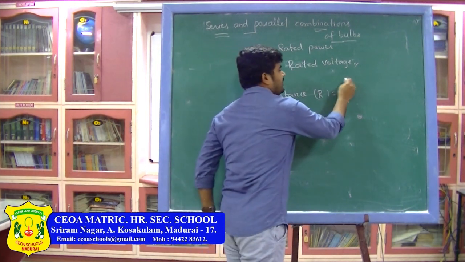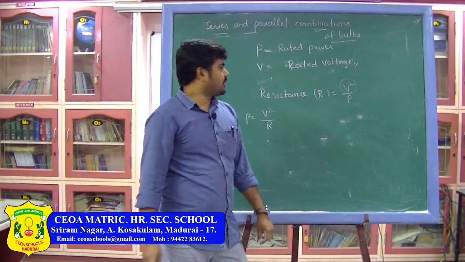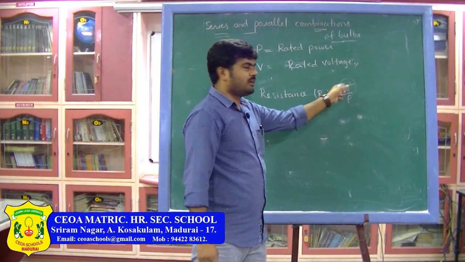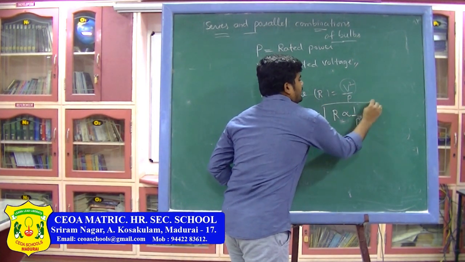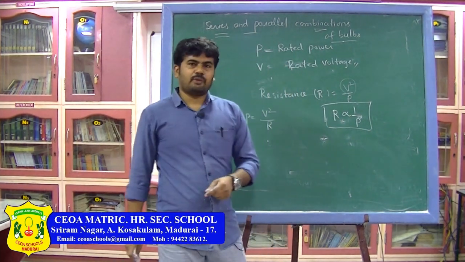If V is constant for that particular appliance, that is, you operate it at constant voltage, then R is inversely proportional to P. Keep this in mind. Later we are going to use this in solving problems.